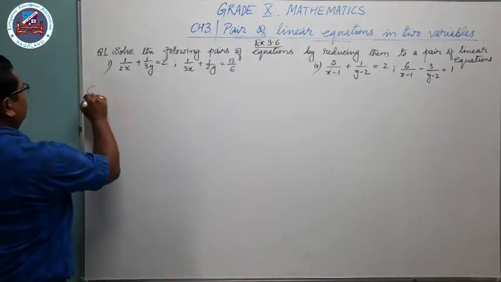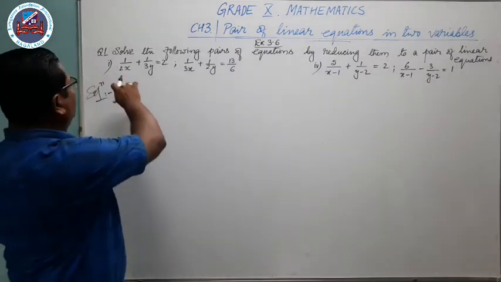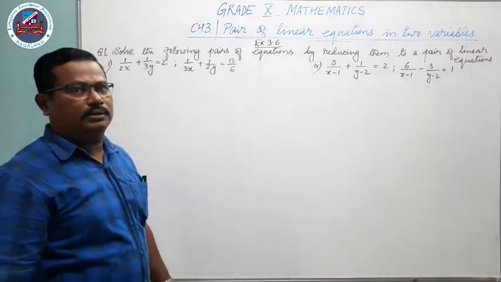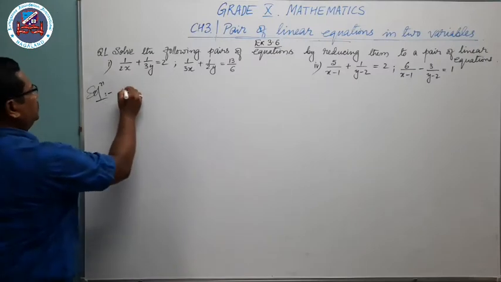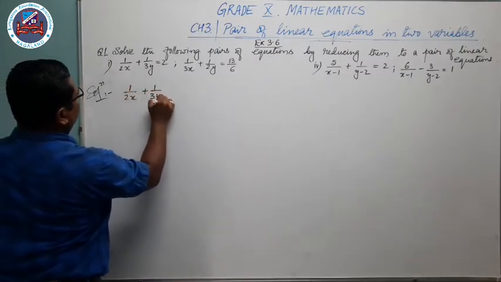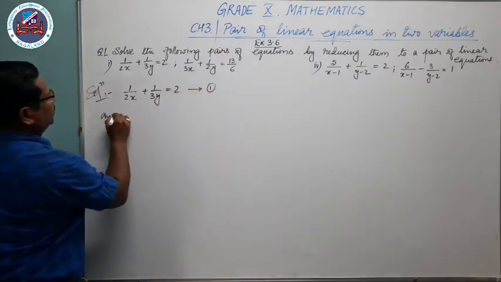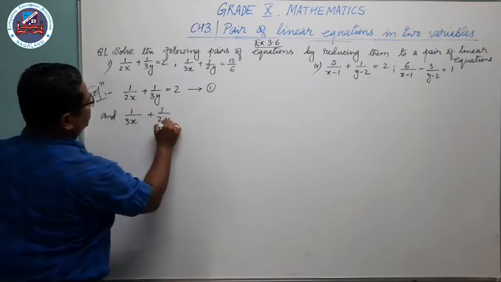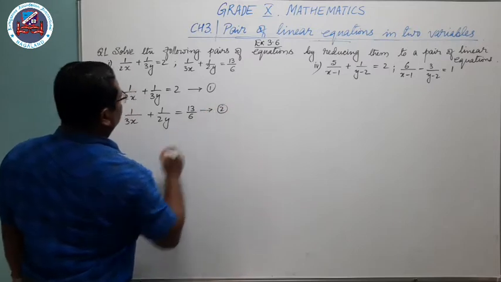Let us see. I picked up two questions from question number 1, problem number 1 and problem number 4. Listen carefully, then you will be able to do the rest slowly, steadily. Here what you do is, you first write down the equations that are given to you. Equation number 1, and the second one is 1 by 3x plus 1 by 2y is equal to 13 by 6, equation number 2.